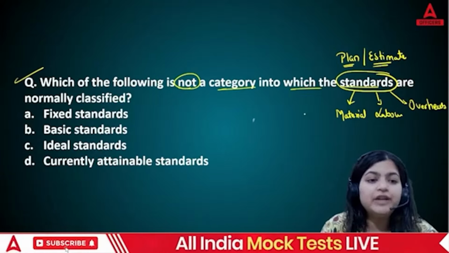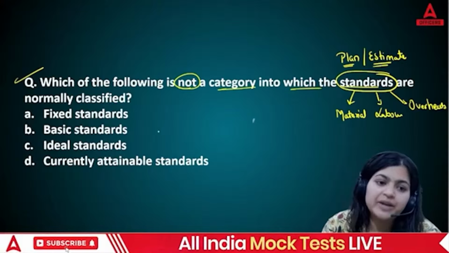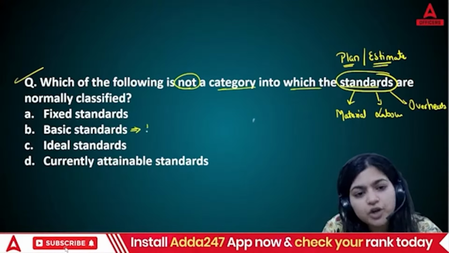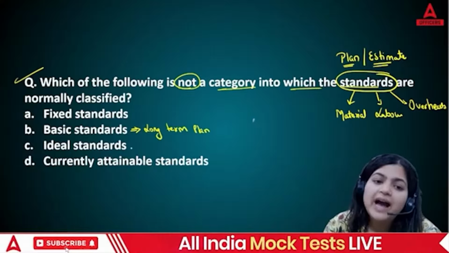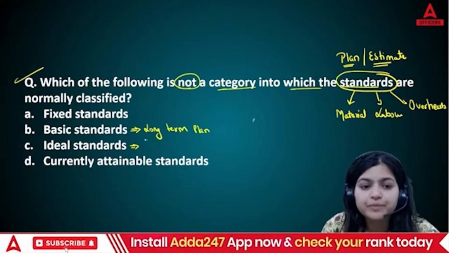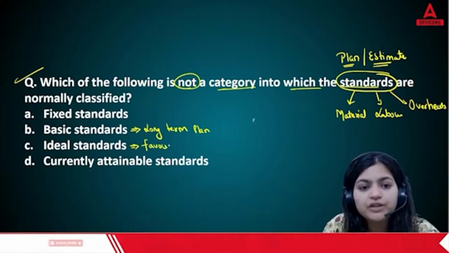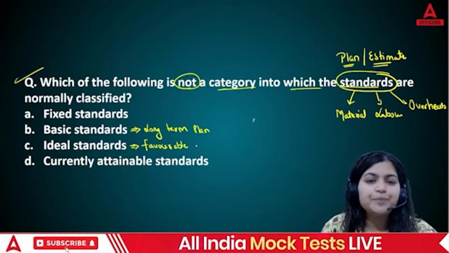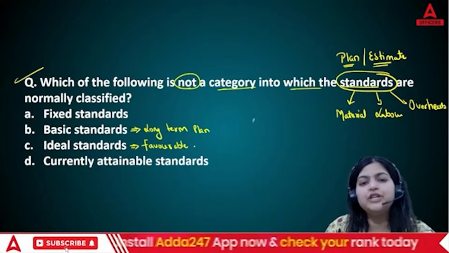Now, there are different types of standards. First is basic standard. Under basic standard, we are talking about long-term plan. Yes, ideal standards, we are saying everything is going to be in our favor. This is your favorable standard. But in reality, you cannot say that everything will be in your favor.